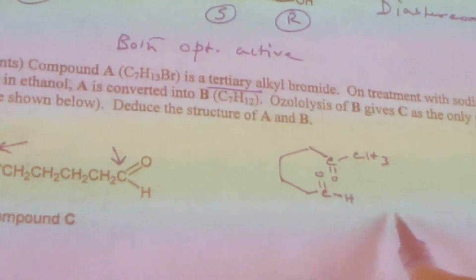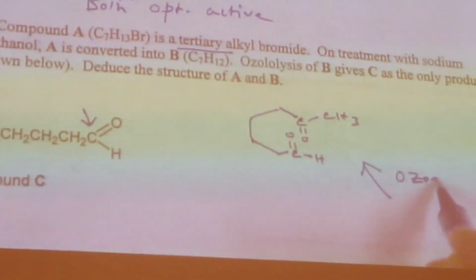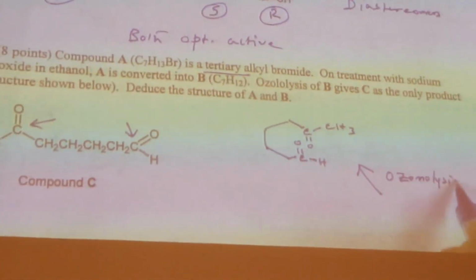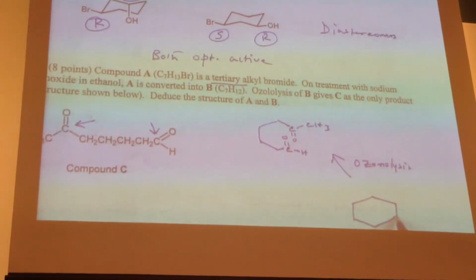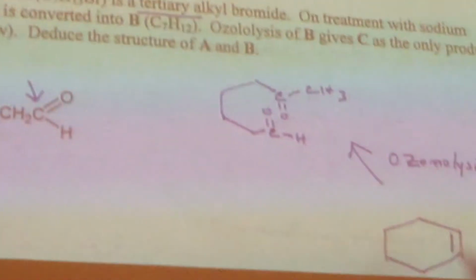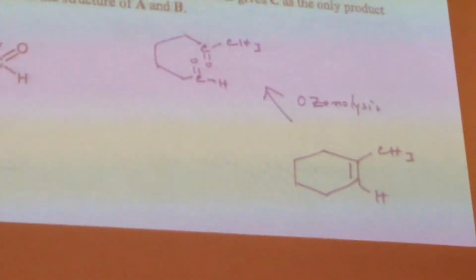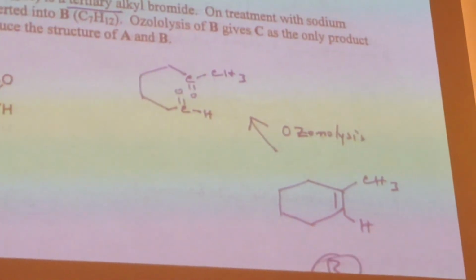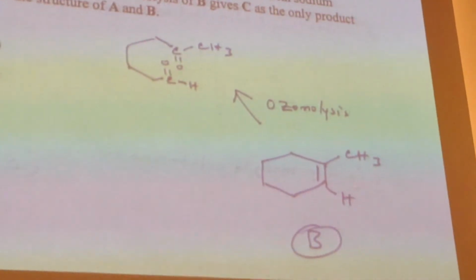And therefore we can see that this would be generated from the double bond, a hydrogen, and a methyl group. And obviously this is B. Right?